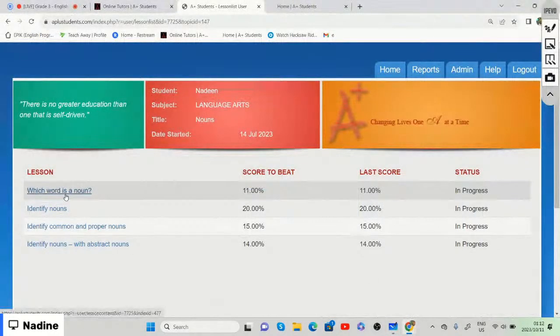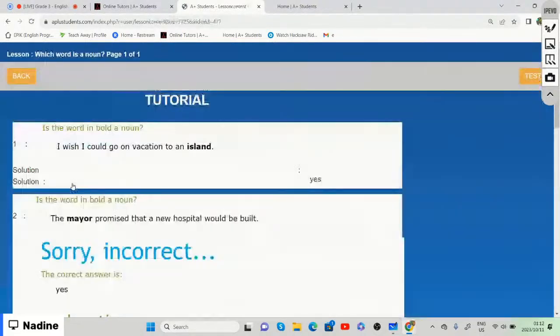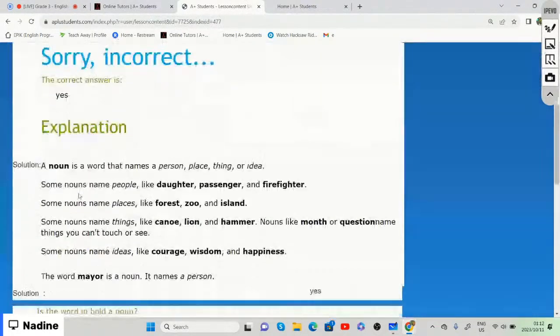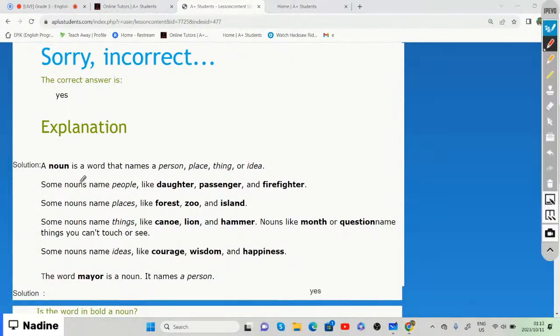All right, so now we're going into the first one, which says, which word is a noun? We said a noun is a word that names a person, place, thing, or idea.